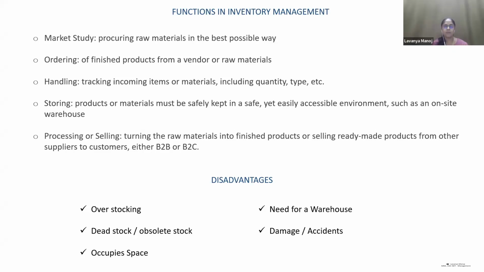So if a few of the products don't move to the customer or don't get moved to the market, that becomes dead stock, or obsolete stock. So that is the limitation we have.